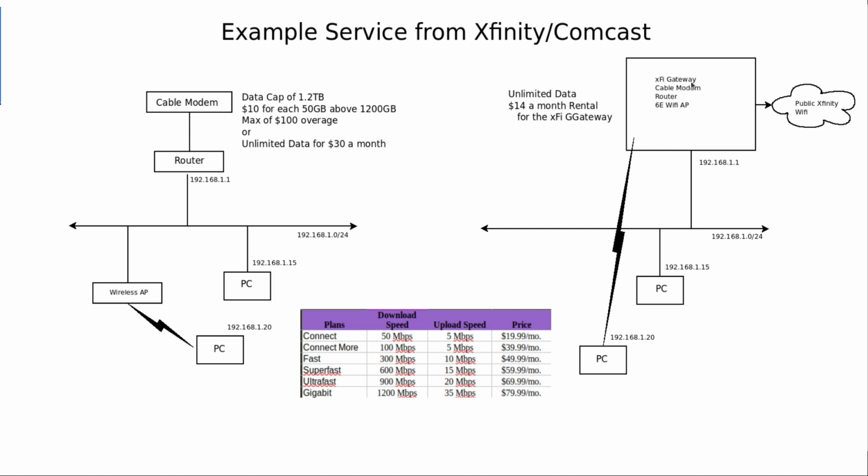Well, what they don't really advertise to you very readily is that if you get one of these new xFi routers, first of all, you pay $14 a month rental for this, which really isn't all that bad, I suppose.